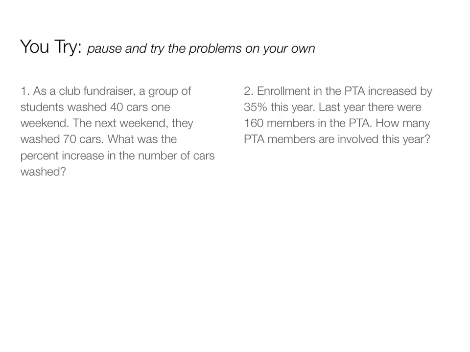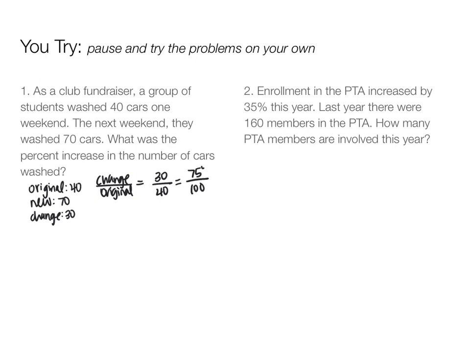Here's 2 problems for you to try on your own. Definitely don't need to copy them. Just try them in your notebook and check your answers. For number 1, there were originally 40 cars washed in a weekend. The new amount was 70, so that means it changed by 30. I convert 30 over 40, the change over the original, to a percent out of 100, and I get 75%.